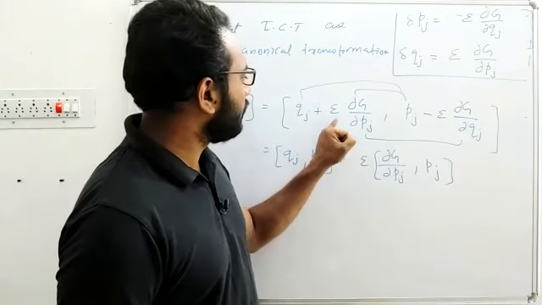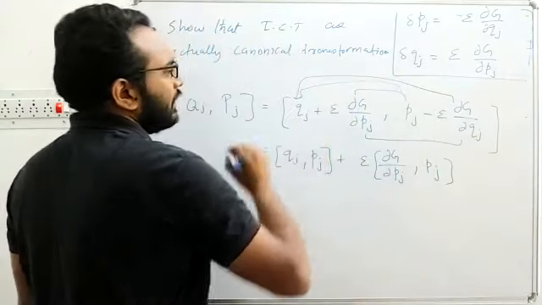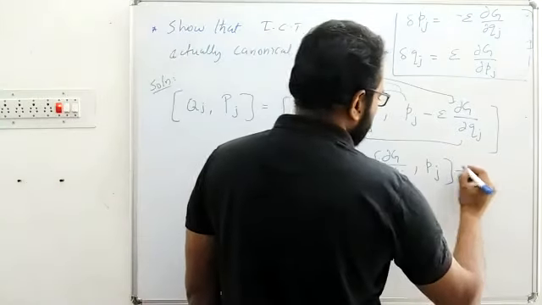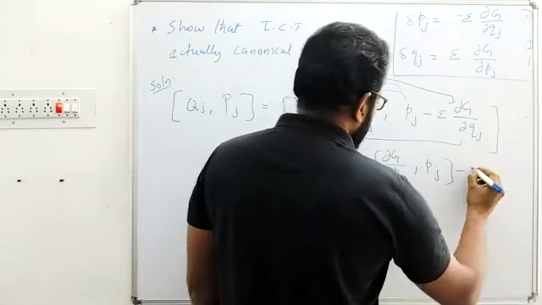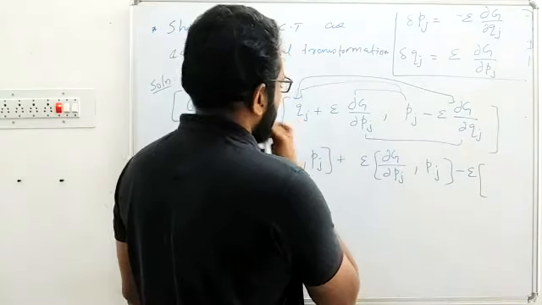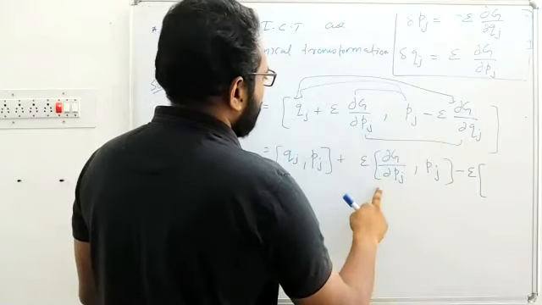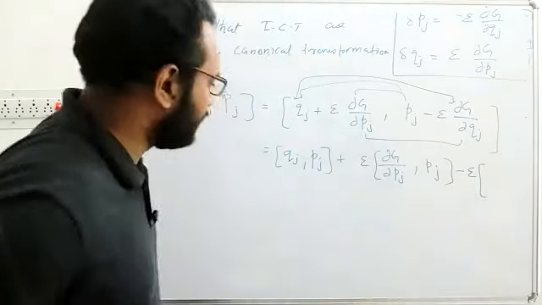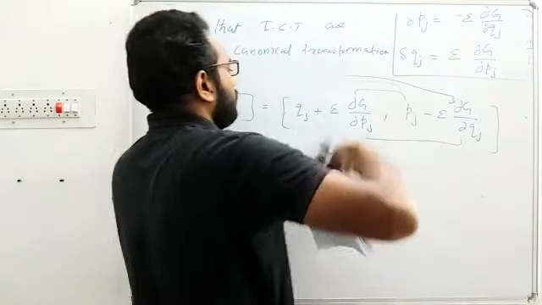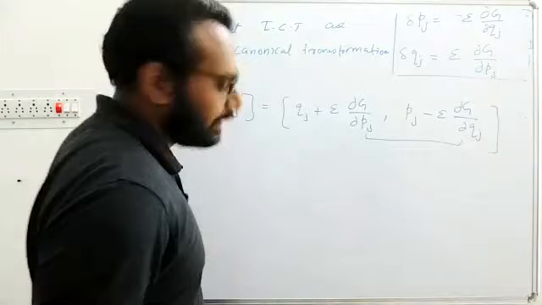And what else do we have? We also have one more term, this epsilon ∂G/∂qj with qj. These are the only things we need to consider; the other things can be neglected. Let me just write it in order.